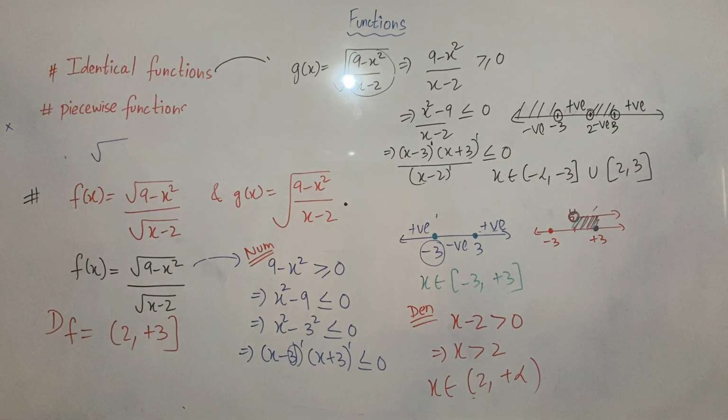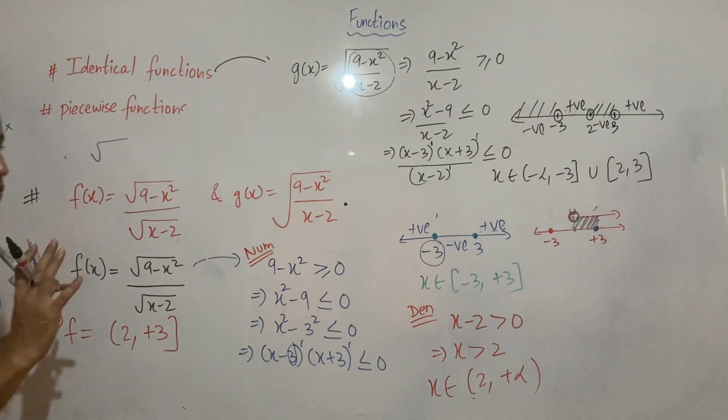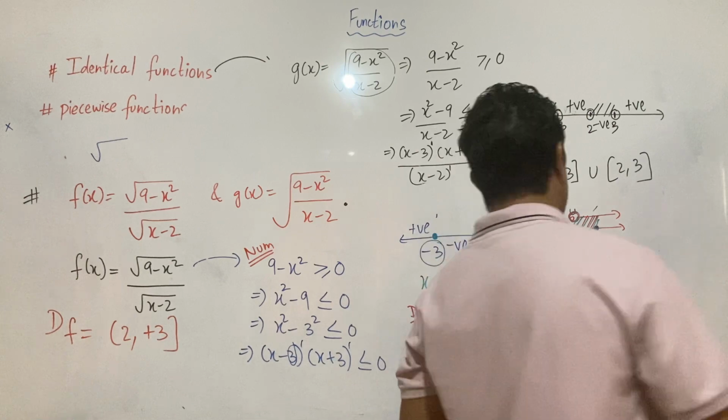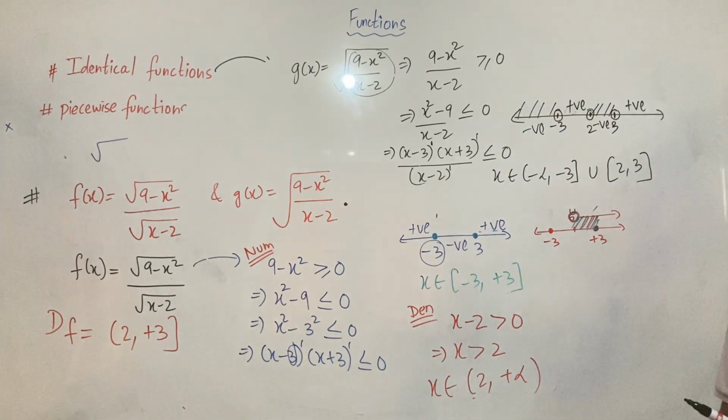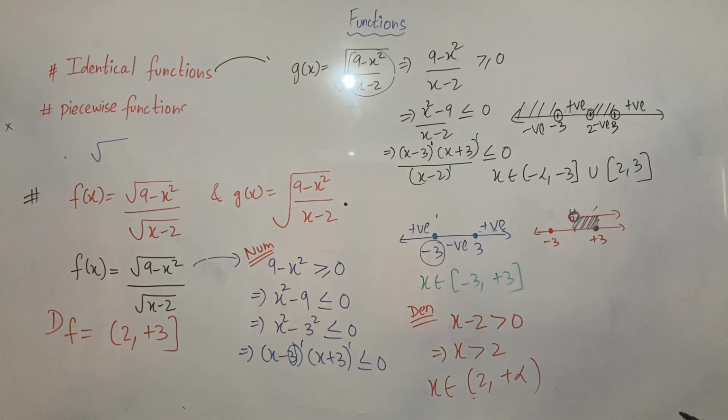Now we need to find out the common ground for which these functions are going to behave identically, right? So we have to find that common ground. Now see here, there is one thing.